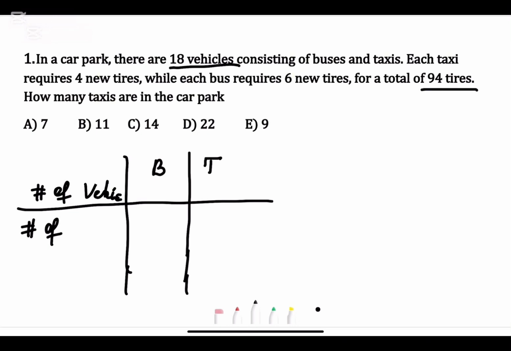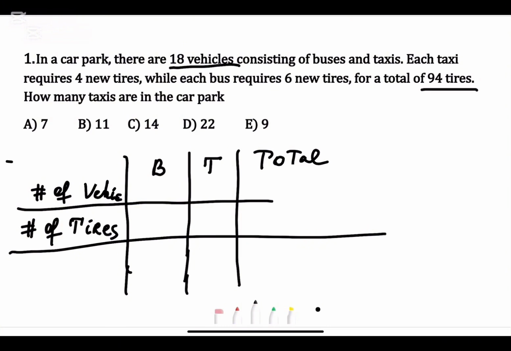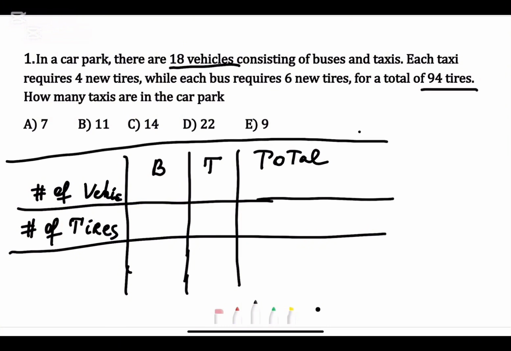And we also have number of tires given. Total number of tires, I must say. So let's add one more column for the total number of tires and vehicles. It's easier to fill in those parts right away. So we have 18 and we have 94 tires.